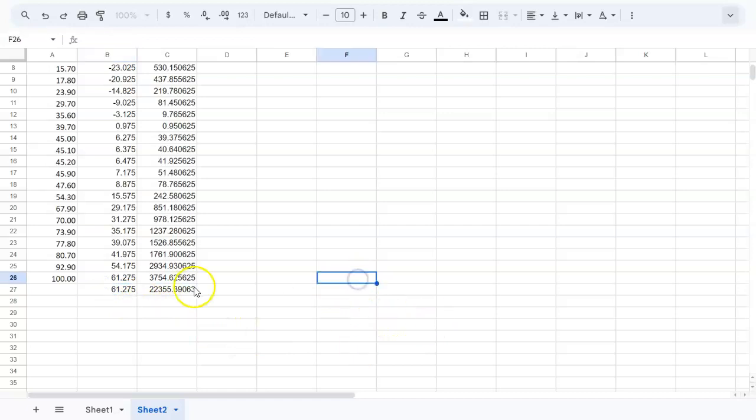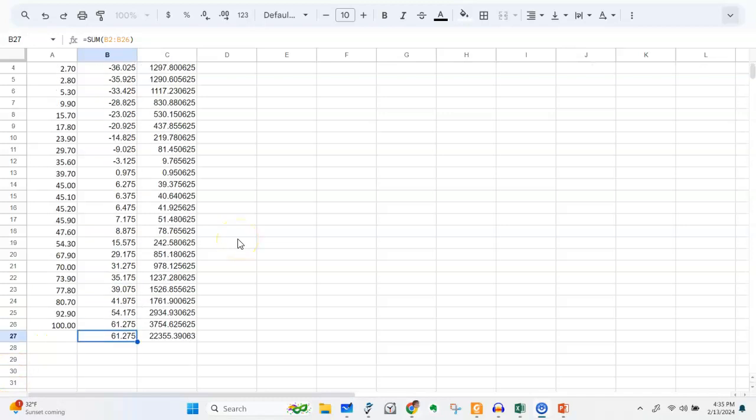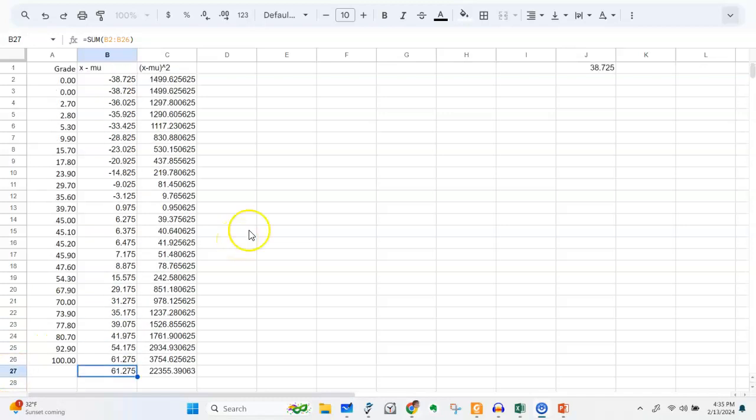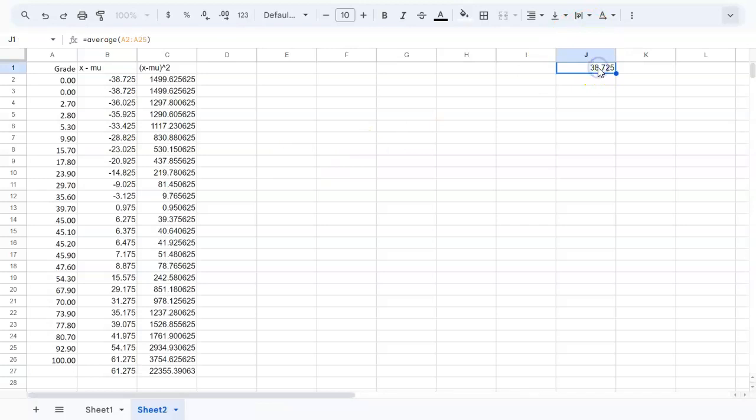Hey, why didn't I get 0? Something is wrong here. Let me check the mean. Yes, I made a mistake when I calculated the mean. The mean should be, go to A26.